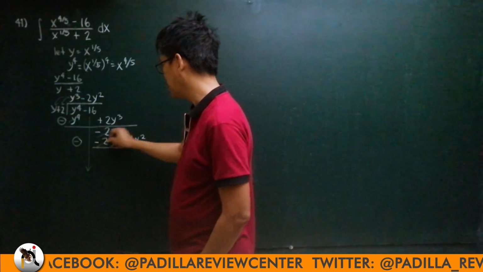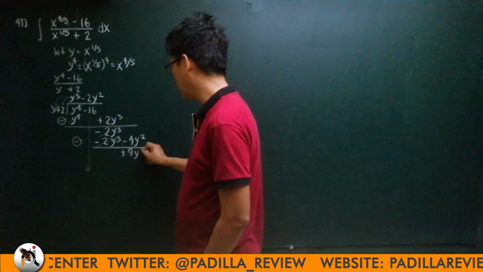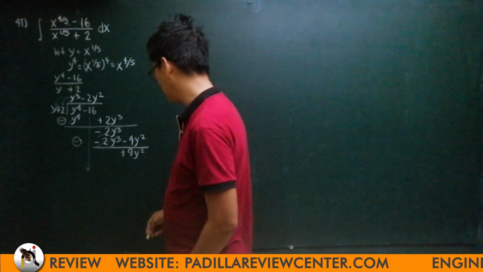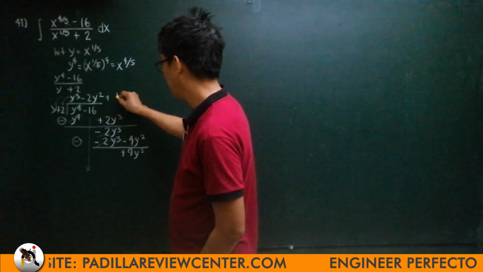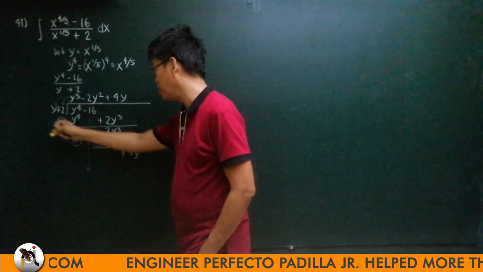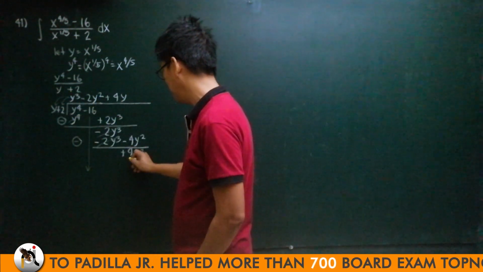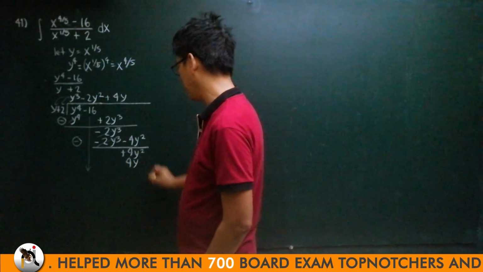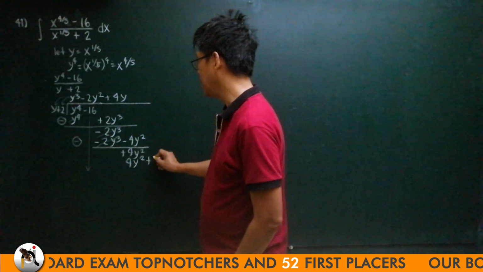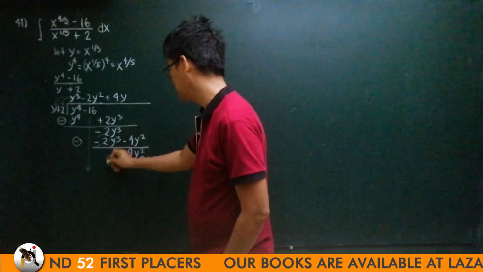This cancels. Minus minus, so plus 4y squared. 4y squared divided by y plus 2: 4y squared over y is 4y. 4y times y is 4y squared, 4y times 2 is 8y.